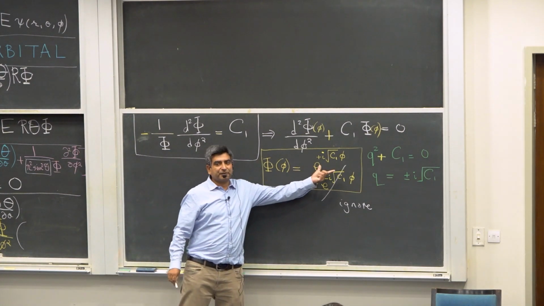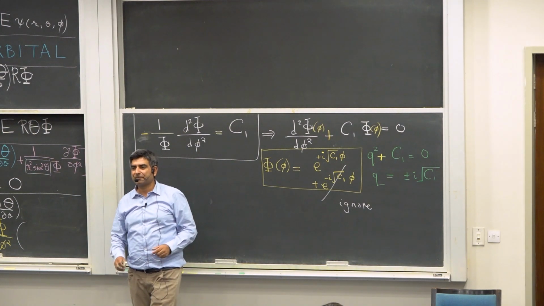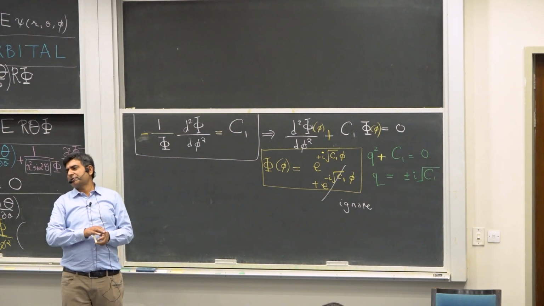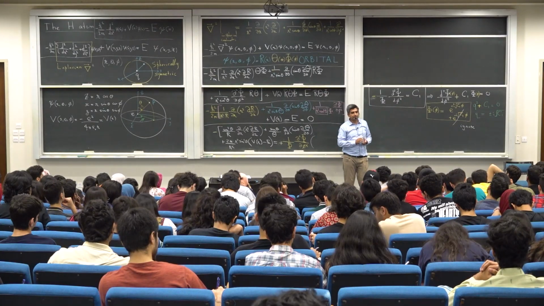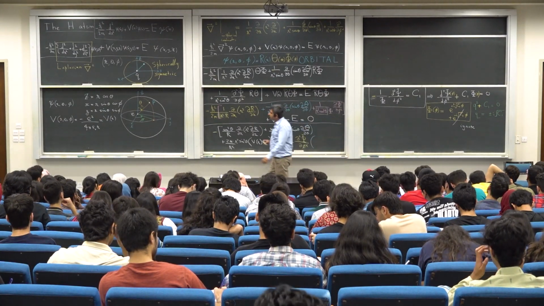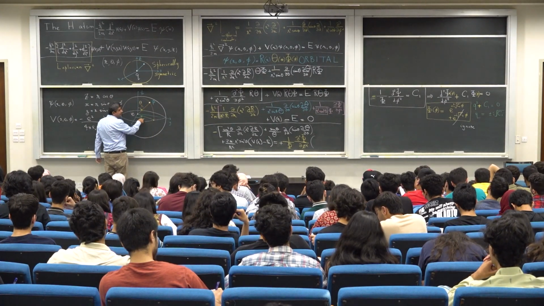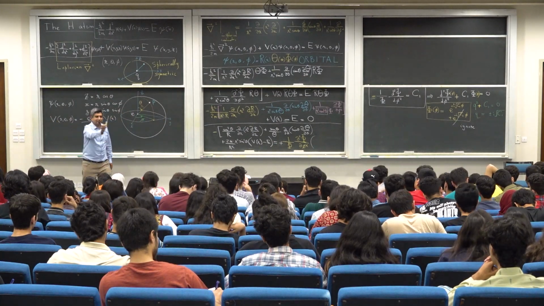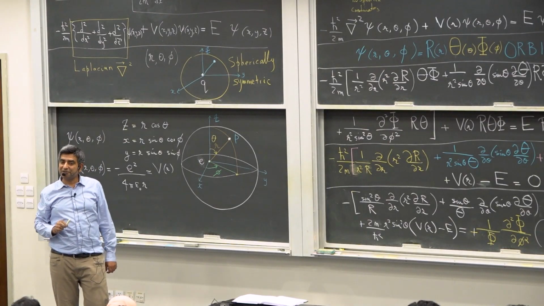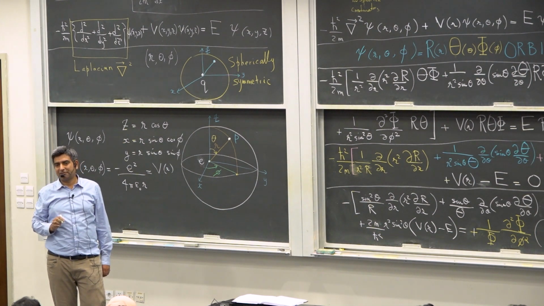If I have this wave function, which is the azimuthal part of the wave function, is this a periodic function? Which means if I took my electron, which was at some location at some value of phi, and turned it around by an angle of 2 pi, is the wave function going to change? The wave function should not change.